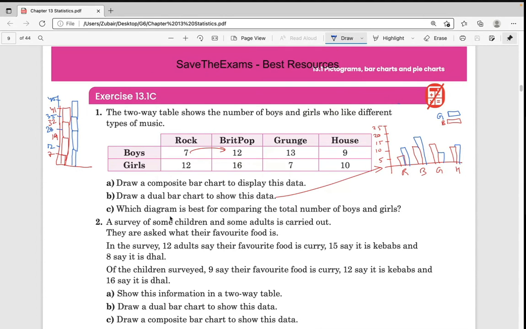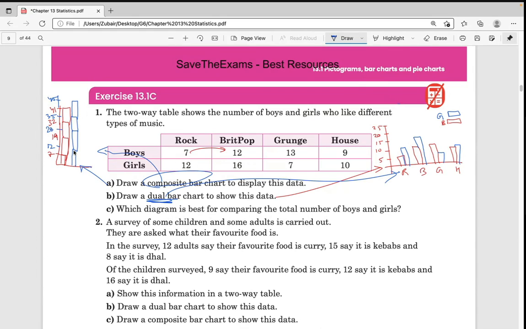C says which diagram is best for comparing the total number of boys and girls. Which is best, composite or dual? Dual is on the right and composite is on the left.